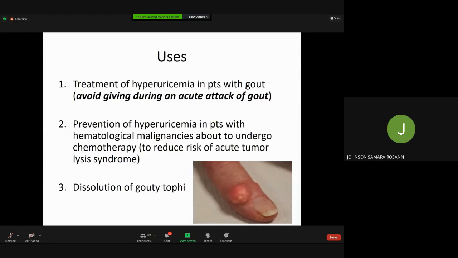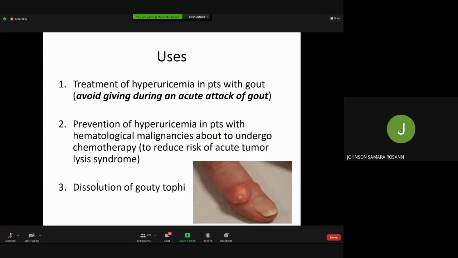Number 2, you can use it to prevent hyperuricemia in patients who have got hematologic malignancies. So as you rotate in the wards, you'll be seeing a lot of patients with leukemias, lymphomas. So these particular malignancies, when you begin giving chemotherapy, the chemotherapy starts to destroy the malignant cells very fast. Once you start destroying cells, you actually have release of the intracellular contents, including uric acid, into the bloodstream.